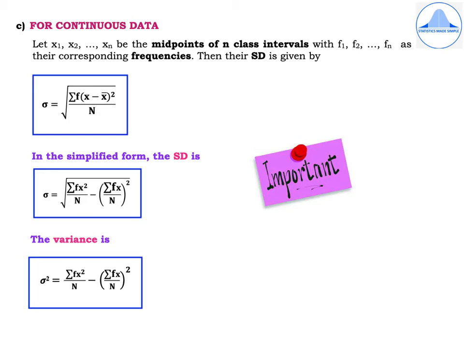Then their standard deviation is given by, again the formula is sigma equal to root of summation f into x minus x bar the whole square divided by capital N. And in the simplified form, the standard deviation is sigma equal to root of summation fx squared by N minus summation fx by N the whole square. And the variance is sigma square equal to summation fx squared by N minus summation fx by N the whole square.